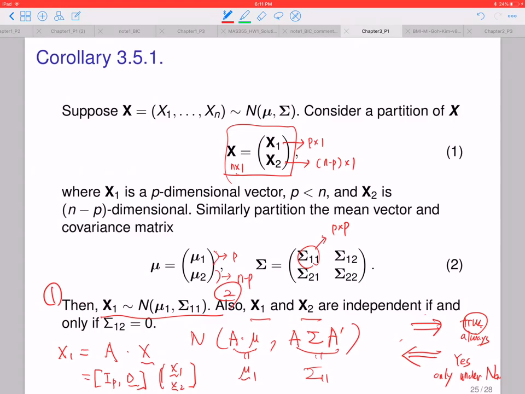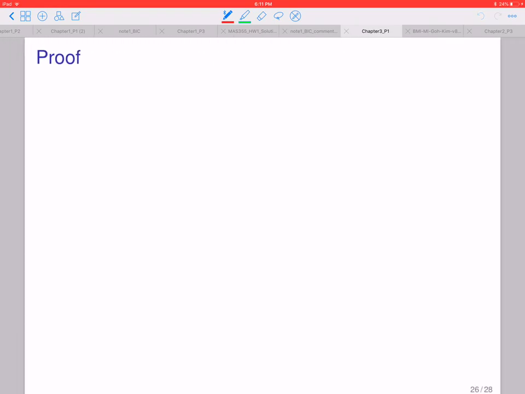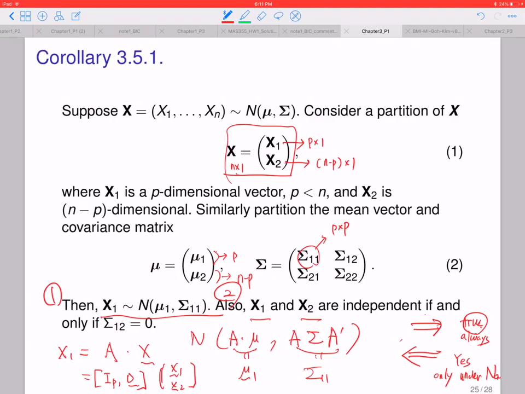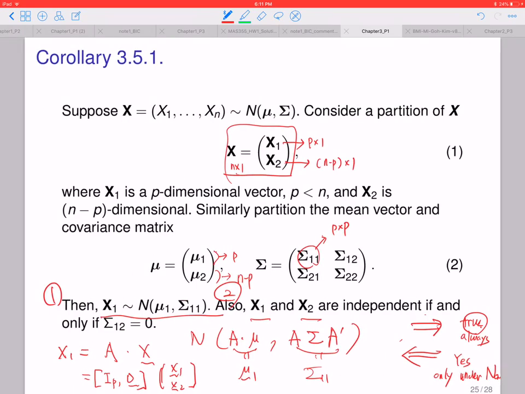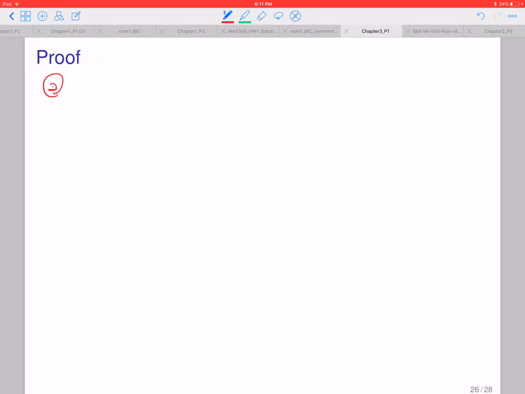For the second part, I guess you can use the MGF. Suppose this is true, so we only need to show this. Suppose sigma 1 2 is 0.